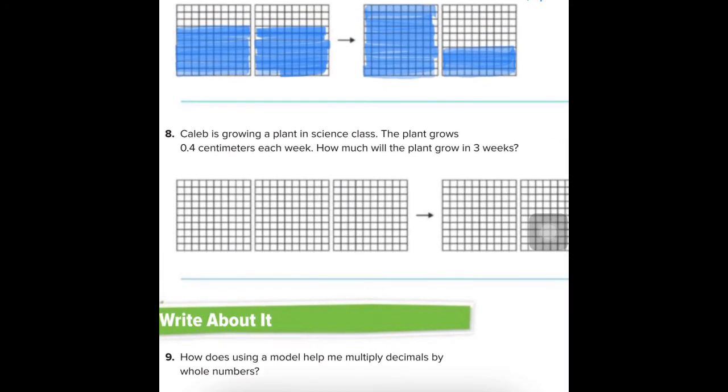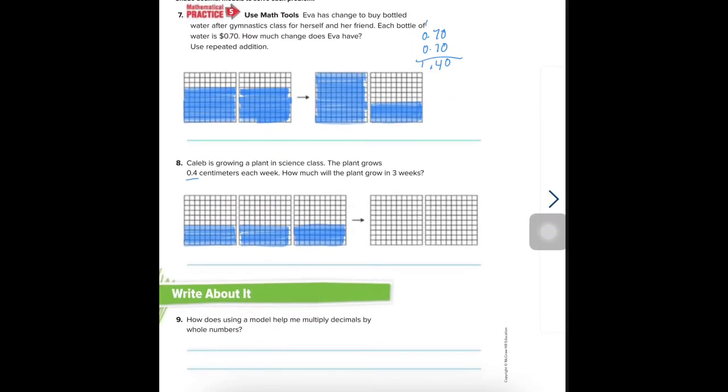Caleb is growing a plant in science class. The plant grows 4/10 of a centimeter each week. How much will the plant grow in 3 weeks? So we add 4. And then we can add it, whoops, wrong.